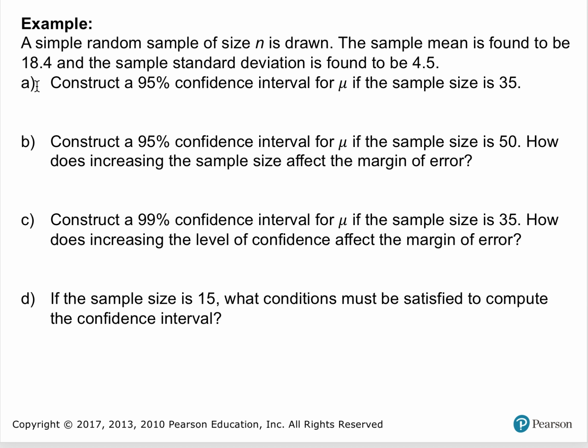And then sample standard deviation, and you'll notice this is what's in the list, S sub x, is 4.5. Okay, the sample size comes next, so that's 35. And then your confidence level, and this says we want a 95% confidence level, so that's 0.95. You then go down to calculate and hit enter.